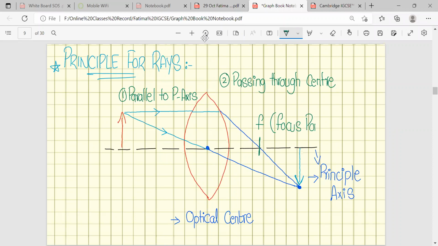Because when different light rays which are parallel to the principal axis pass through the lens, they always converge at the same point, which is known as the focus point, or principal focus. You can use either term, focus point or principal focus, right?